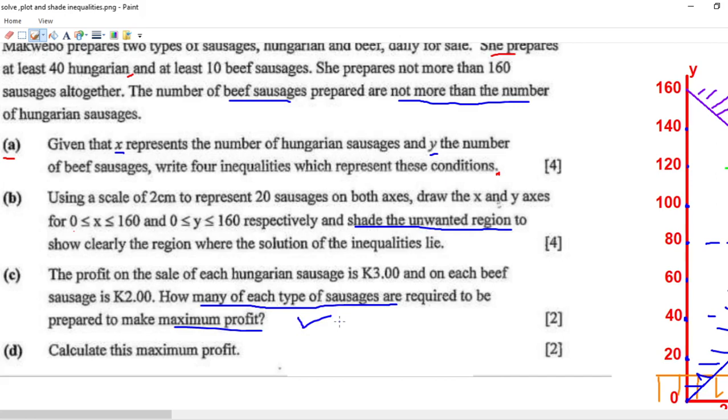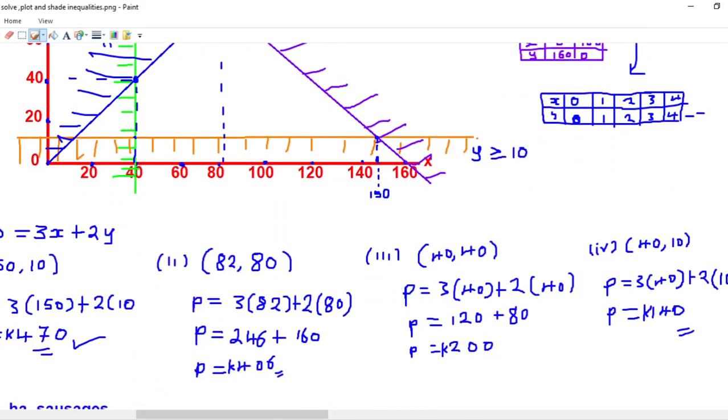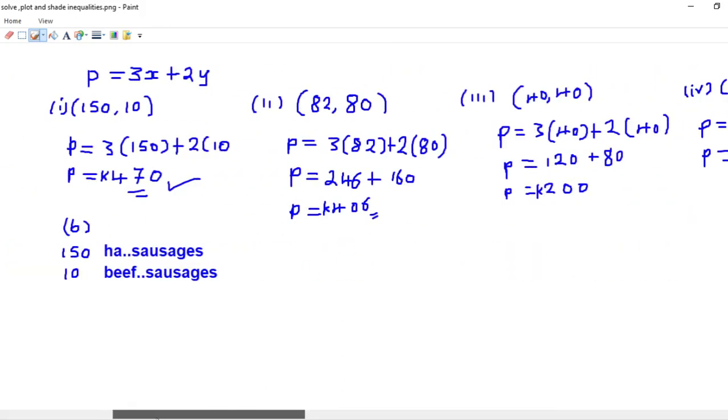That's what we have found out. And then we need to have just 10 beef sausages. Now that number of those products daily will give us the maximum profit. So this was question B, right? Is that B or C? That should be B.